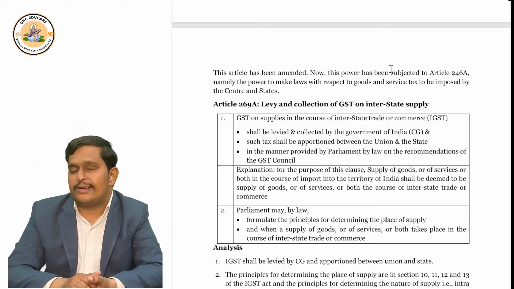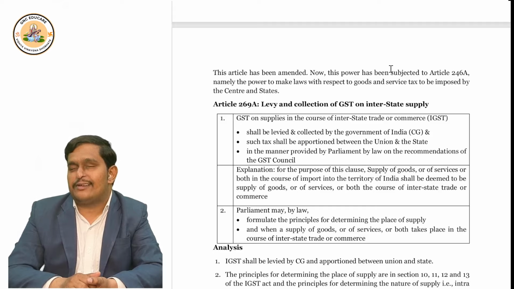So then what is the new article required or made? 246A. We discussed it, correct? What did it say? It said simply central and state can collectively make the laws. No problem. Collectively they have the power to make the law.